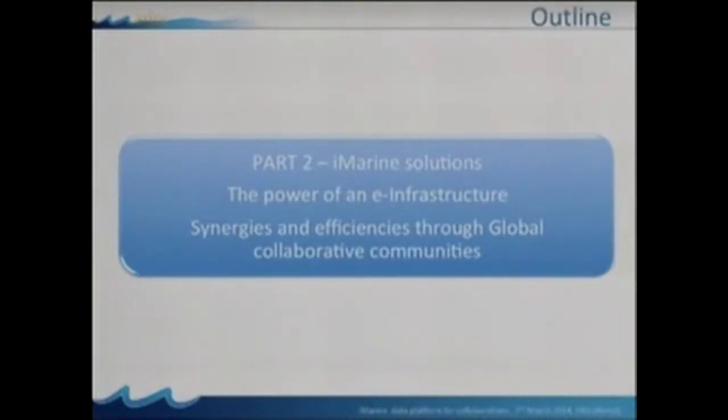So what were the solutions which iMarine provided? Bringing together knowledge, data, expertise from a broad range of actors brought together in this iMarine board.